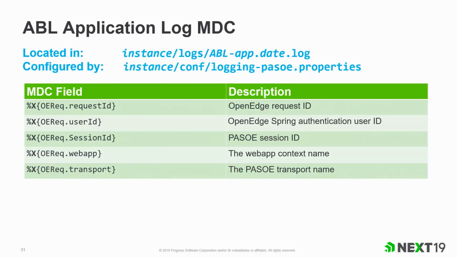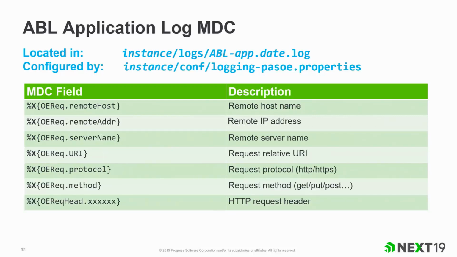So those are all things that you can put in there. In addition, with the ABL application log, you can do pretty much all the things you could do with the access log. So you can do all the HTTP sorts of stuff. So you could do remote host, remote address, server name, URI, protocol, method, or any of the HTTP headers that you wanted to include.